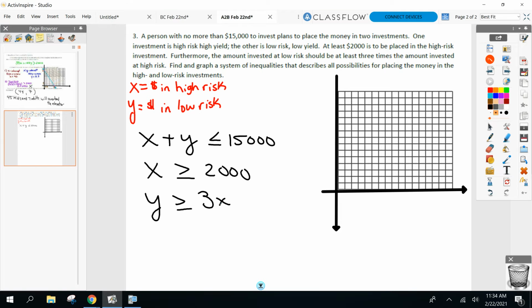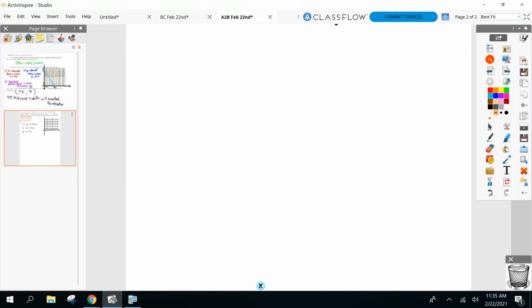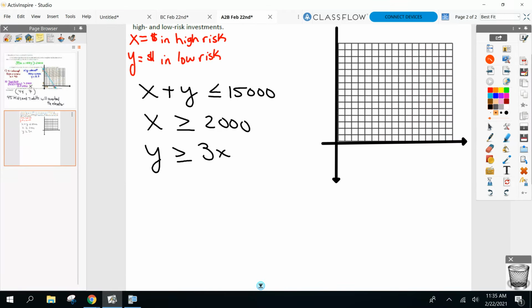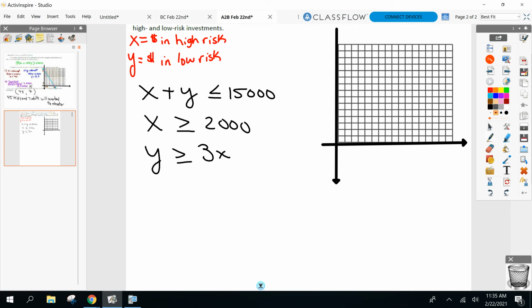So let's take the x plus y less than or equal to 15,000. You guys can find your x. I think the x and the y intercepts are pretty easy here, but go ahead, plug in 0 for each and find your intercepts. I'll do it with you. I'm going to take the first inequality and find my x and y intercepts, which should go pretty quick here, because once you plug 0 in for a variable, it's gone, and you're just left with the other one.